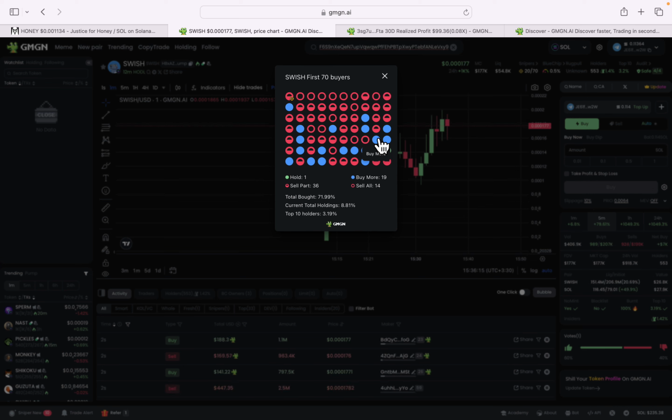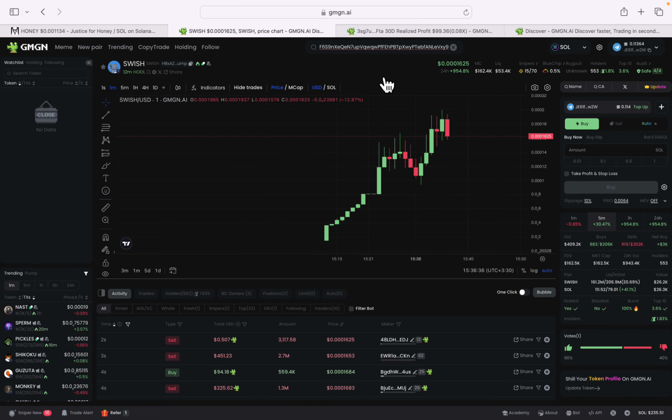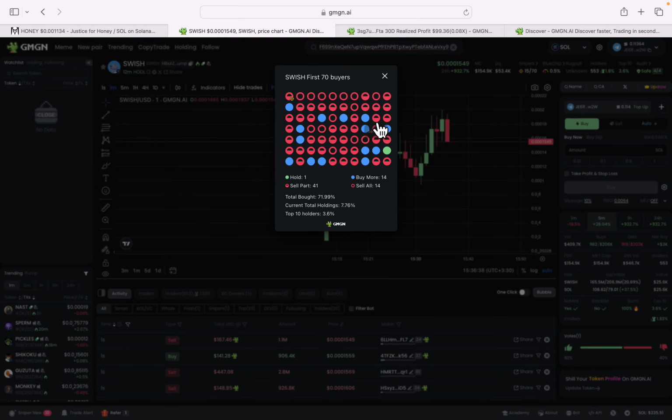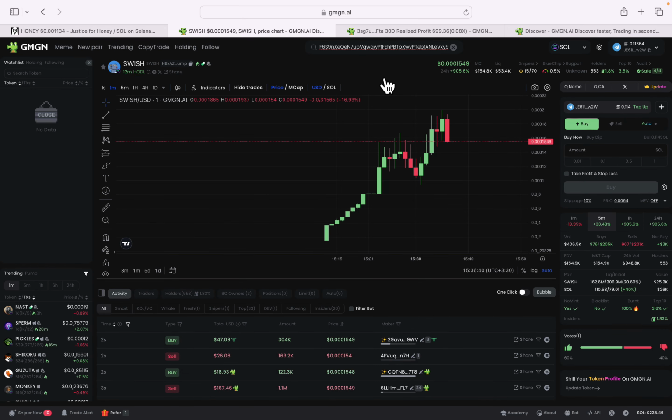Probably this is a fake volume bot. If this data is accurate, the developer buys and sells by himself. That's the reason you can see, for example, they become blue. This means they bought tokens, and again they become red. Yeah, again it changed. This is a volume bot.